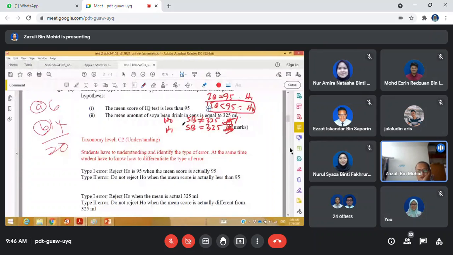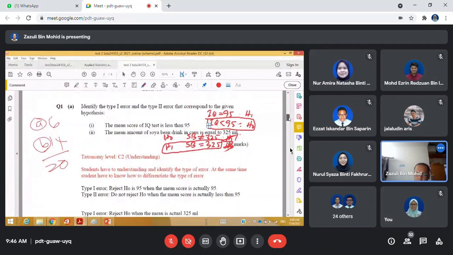This is also the statement in the question. It's quite different from the normal activities because this is in the statement sentence. We have to define it and explain when it is type 1 and when it is type 2.